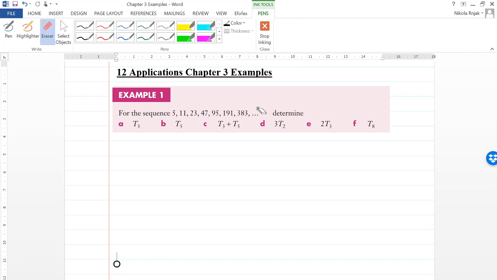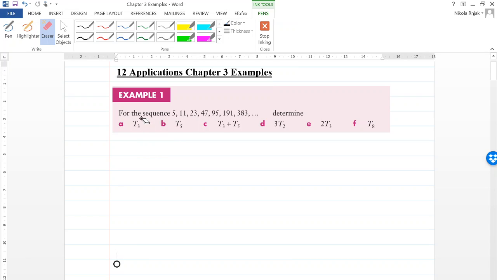What you should know before we begin these examples is that each number in this sequence is a term. So we say that the first term, number 5, is T1. It's the first term.